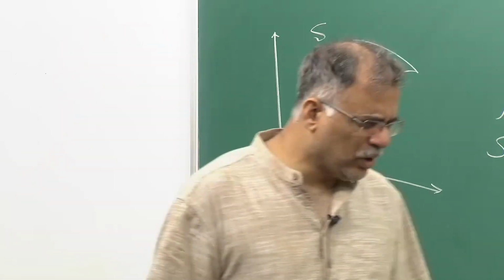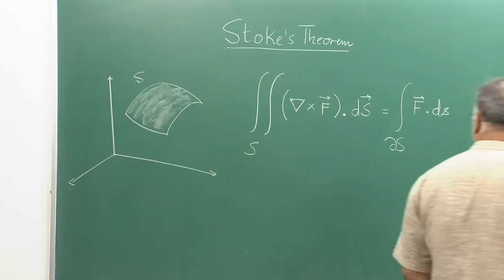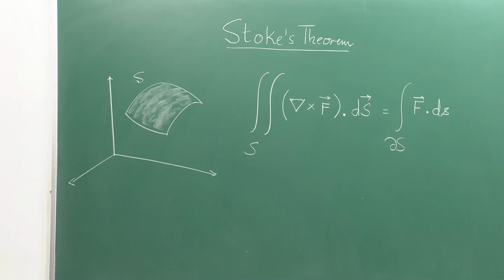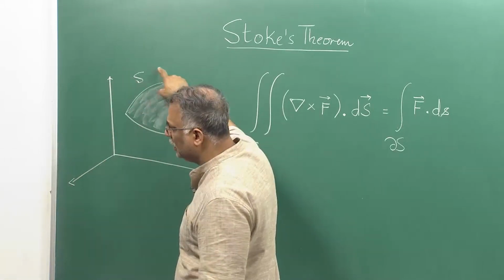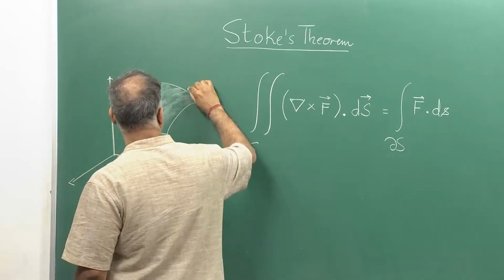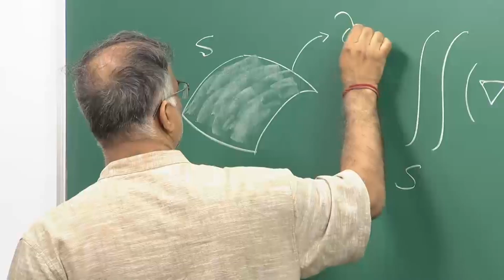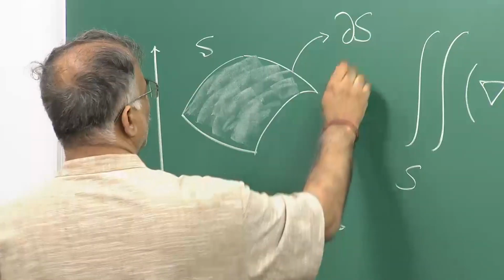Now, I need to understand what I mean by an orientation of S. This is my del S, the boundary of S; these lines are the boundary.